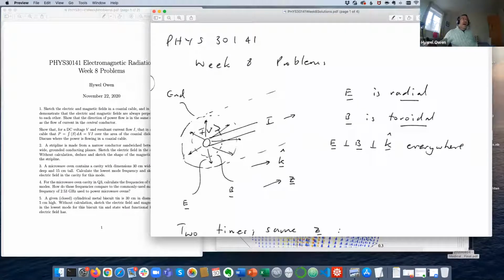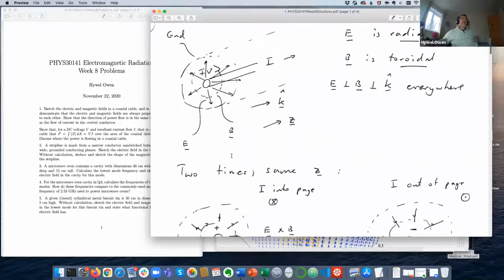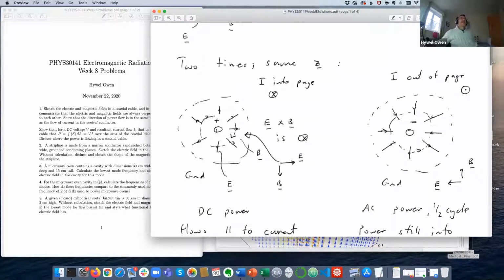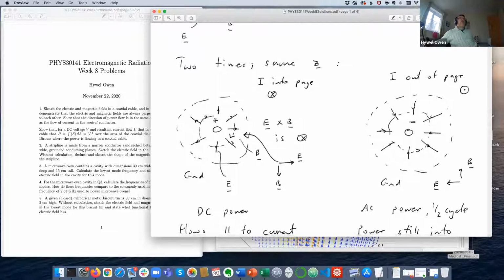For the first time, I'm going to take a cross section through the cable, and I look on the left-hand side firstly. I'm imagining still a DC situation, which means there's a constant current flowing at all points along the wire, and a positive voltage, which is also the same all the way along the wire into the page.